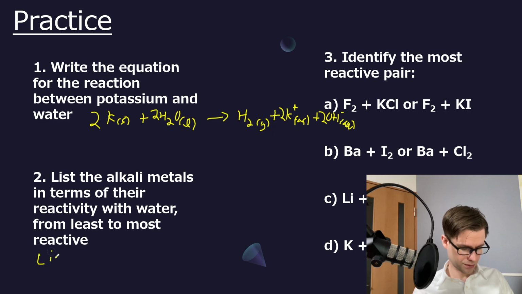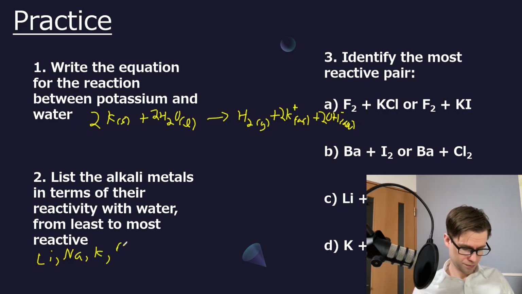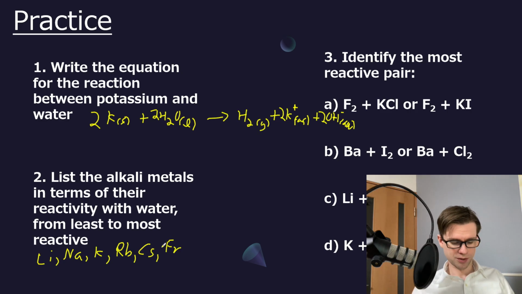It's lithium first, then sodium Na, then potassium K, then rubidium Rb, then cesium, and then francium. So francium should be the most reactive with water. Francium is very rare, so I don't think people usually would do or show that reaction, but it's more of a theory thing.